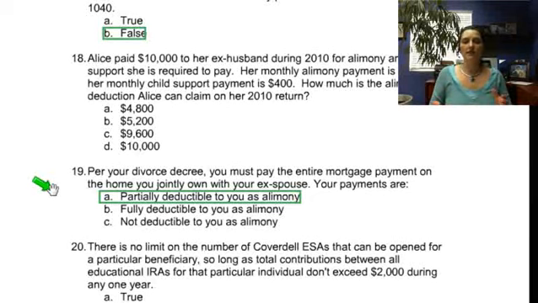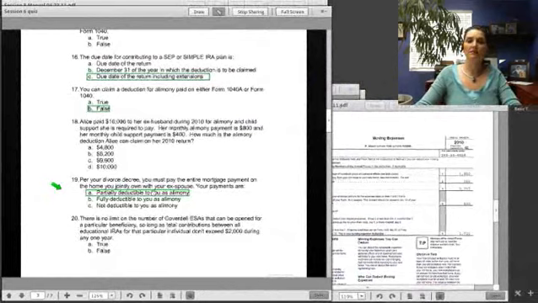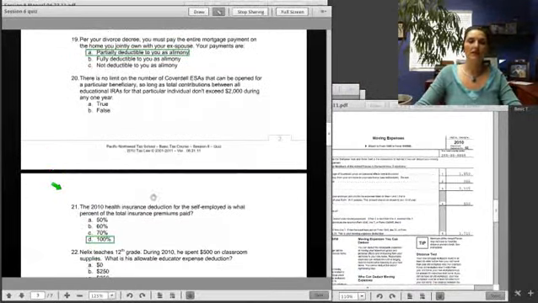Essentially, the way it works is if in the divorce decree you are ordered to pay the mortgage in full on a house that is jointly owned by you and your ex-spouse, then in effect you are making payments on property that benefit your spouse that aren't owned by you. And because you're being directed to do that by the divorce decree, it is considered to be an alimony payment. And of course, you will find more details about that in Pub 17 as well.